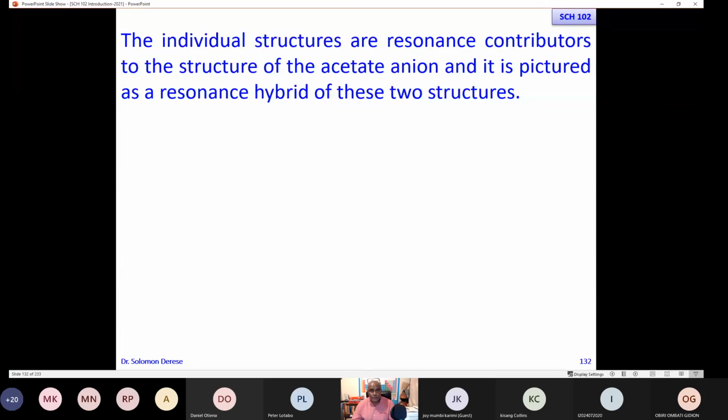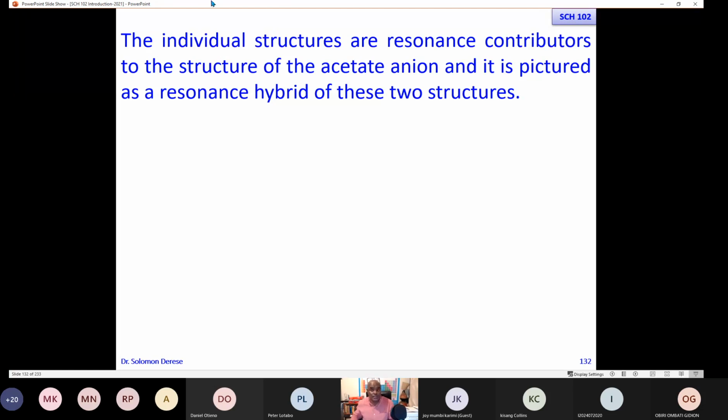Okay, so the individual structures are the ones that contribute towards the structure of the molecule. Remember, for the acetate ion, we drew two different structures, structure A and structure B. These are the individual structures. They contribute towards the actual structure of the molecule.